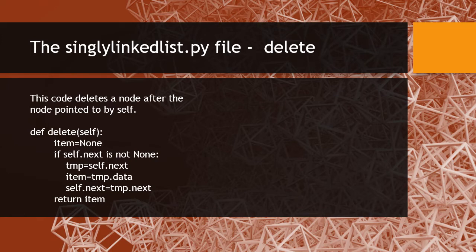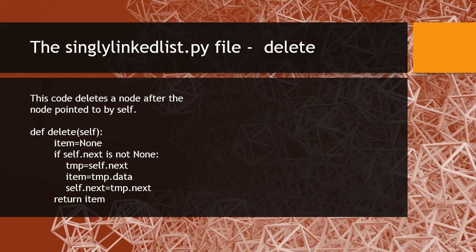Likewise, when a user asks to delete data from a data structure, the user wants to use the data. So during the process of deletion, we first copy the value of the node to be deleted in a new variable, and then we delete the node, and then we return this new variable to the user because he wants to use it.